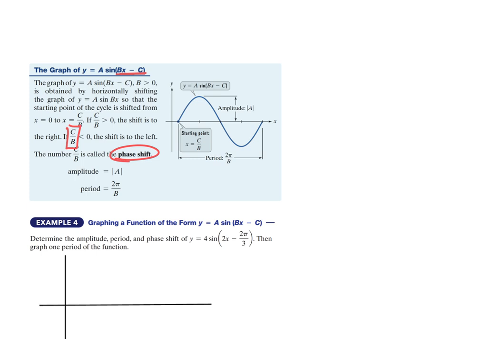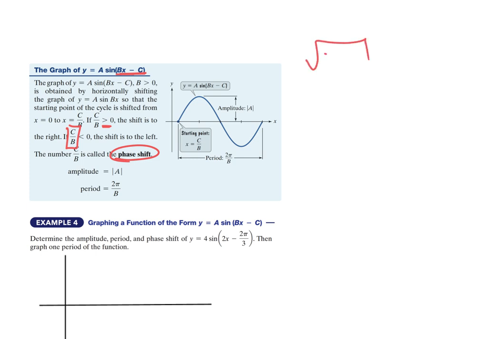And again, if it's positive, it shifts to the right. If it's negative, it shifts to the left. But please note that they're not taking the negative c, they're taking this value c. What I would like you to remember is it's the same as any other transformation.